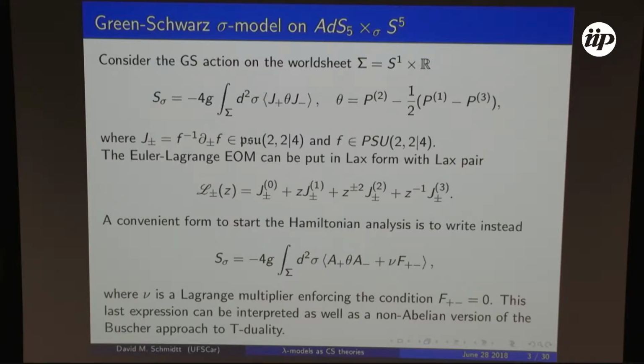When I use the equation of motion for the Lagrange multiplier and enforce the flatness condition, I recover the original action. This can also be interpreted as an abelian version of the Buscher approach to T-duality.